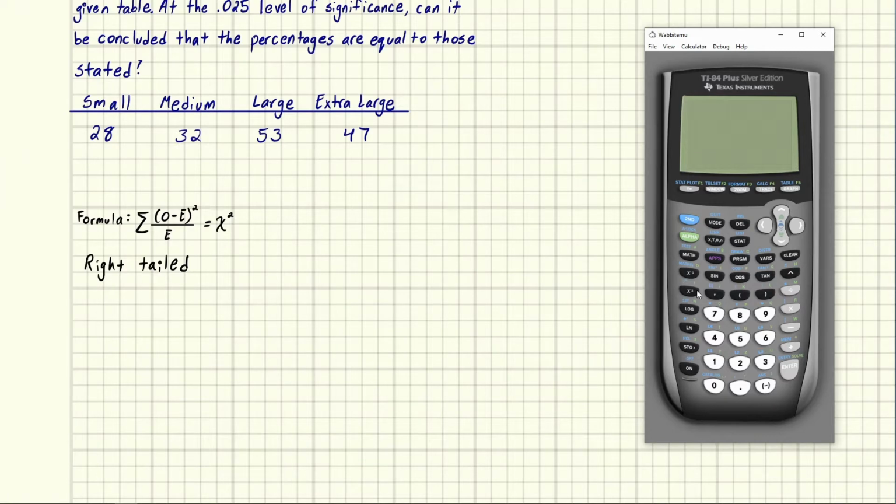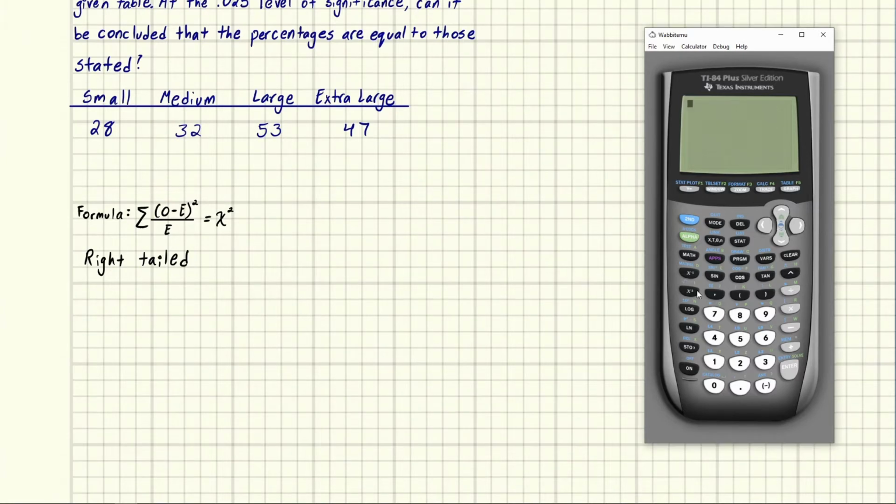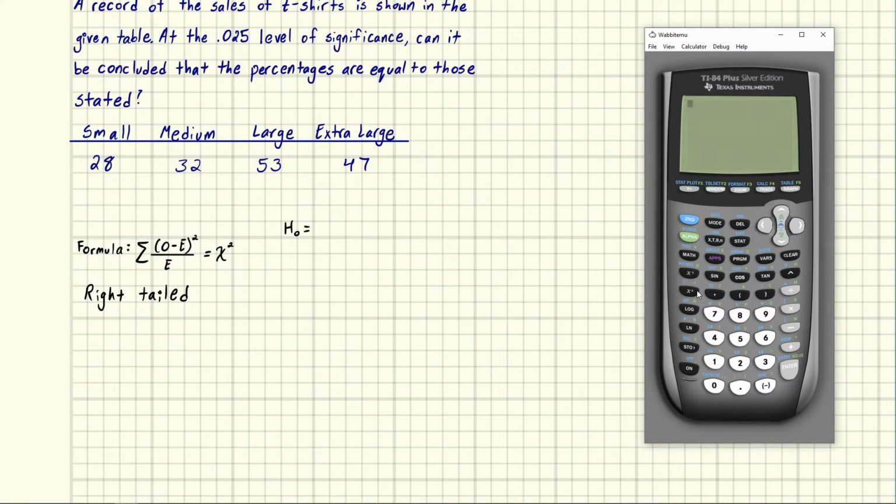Now we need to come up with our null and alternative hypothesis and identify the claim. So our null hypothesis, H naught, is always going to be the one that says things are equal. Up there it said, we want to know if the percentages are equal to those stated. And so we say the percentages are as stated. They're equal. They're the same. That's what we're claiming.